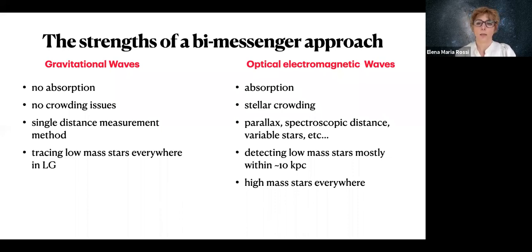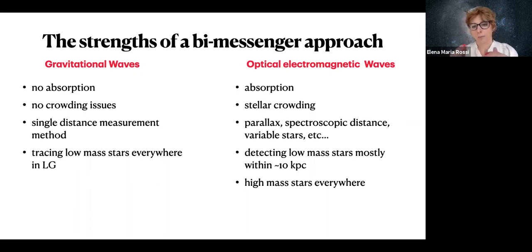Also, there are many distance indicators in optical, but in the local universe, we don't have a unique one. So we have parallaxes, but they work only for nearby sources. Then we have spectroscopic distance. So we have variable stars.